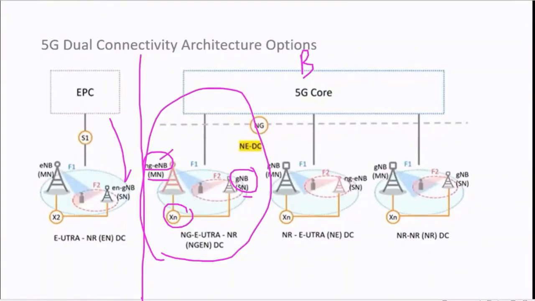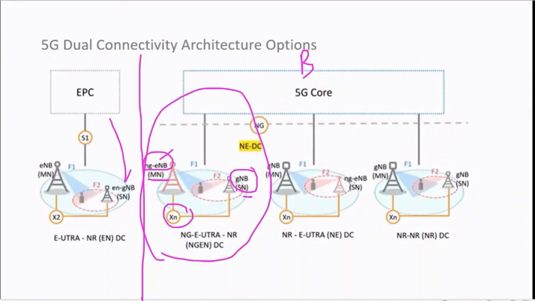That's why it is called NG E node B. So this is a difference here. NG E node B is now called next generation E node B. It is still an E node B. It is still LTE based, but it understands 5G protocols and is connected through the XN interface, which is a 5G interface. Okay, so this is the other option we have.